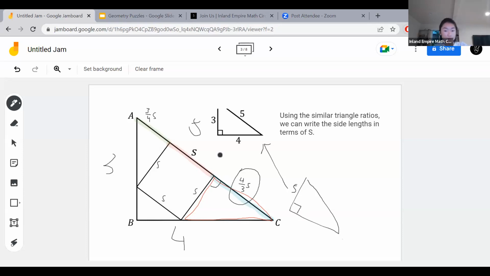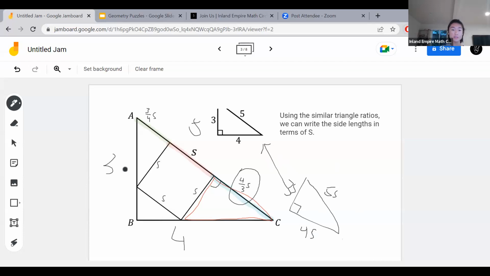How about I go back a little bit more? Okay, so we just got down here. We have this triangle drawn out. Again, it's in ratio with 3, 4, 5. So one of the side lengths here, again, because of the square, this is labeled as side S, right? And because this is a 3, 4, 5 triangle, we can say that this is, for example, 3S, 5S, and 4S.